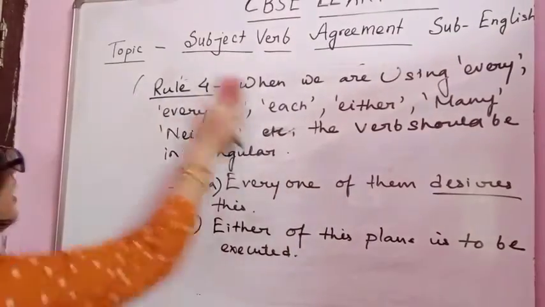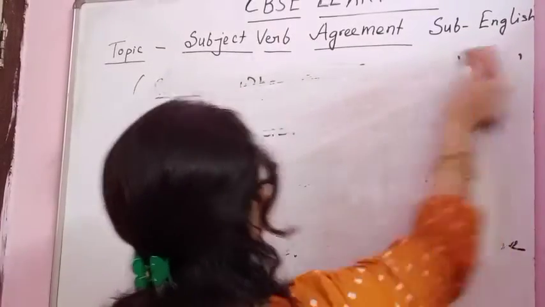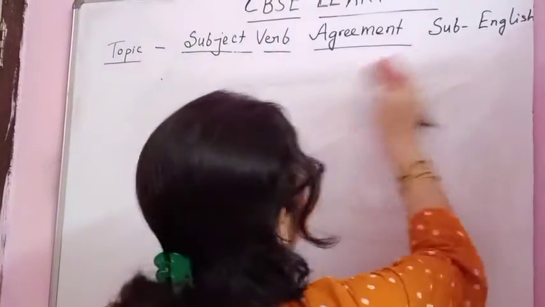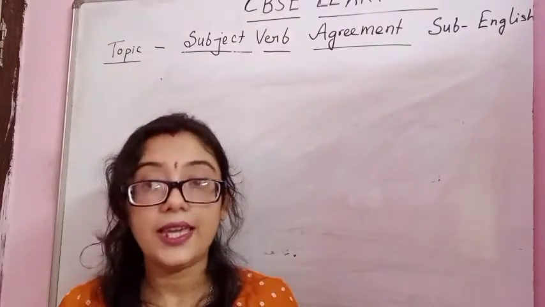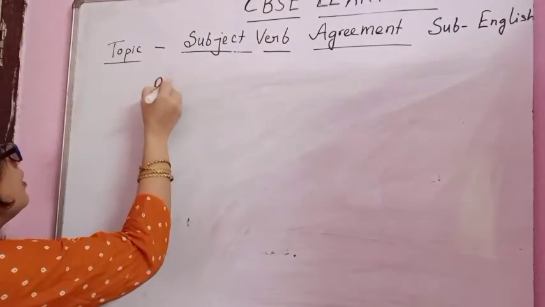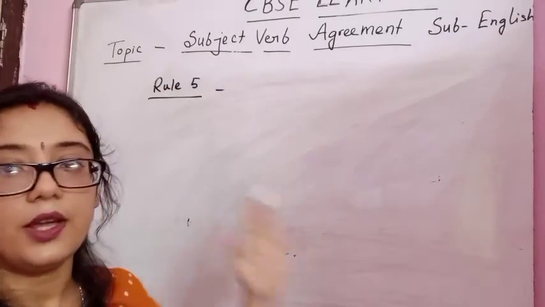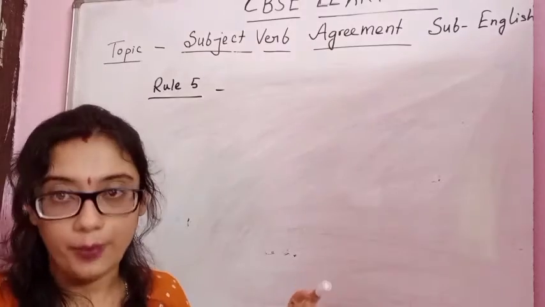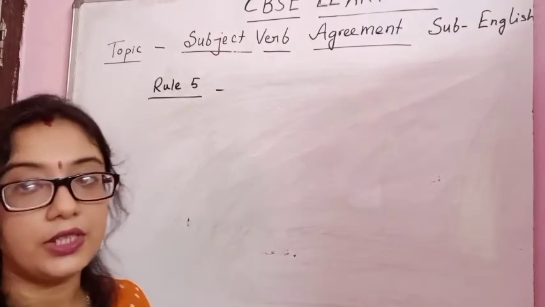Now rule 5 is when you are using either or, neither nor. Rule 4 is that if there is everyone, many, each, all these words, then it will be followed by the singular.